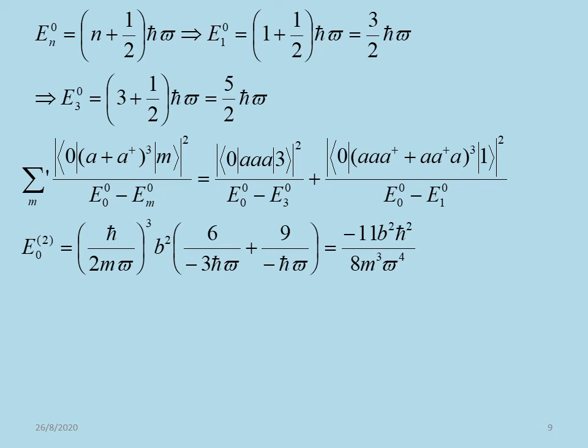When you put M is equal to 3, E3 of 0 is equal to 5 by 2 h cross omega. So if you substitute all these values here, then E0 of 2 is equal to minus 11 b squared h cross squared divided by 8 m cube omega power 4. This is the answer for the second order correction in energy, ground state energy for harmonic oscillator with additional potential Bx cube.